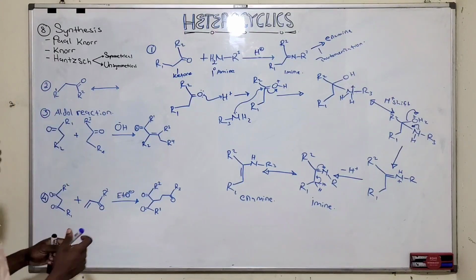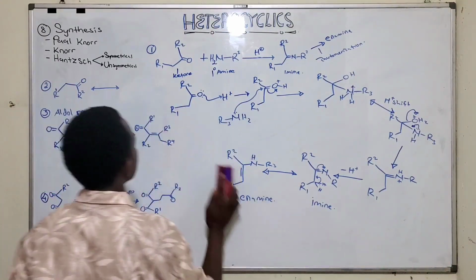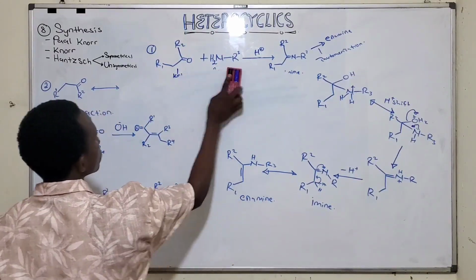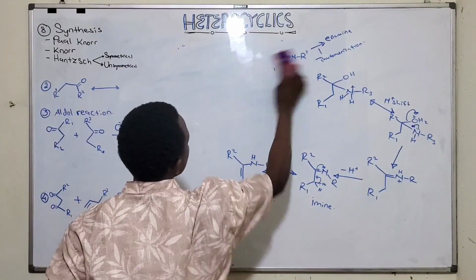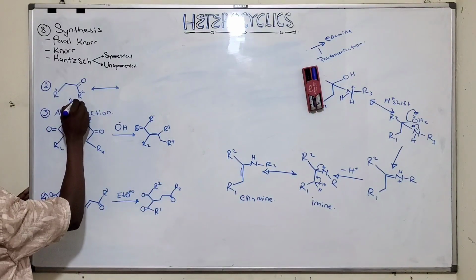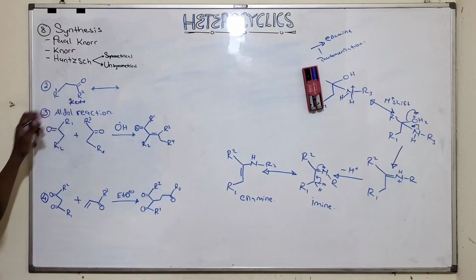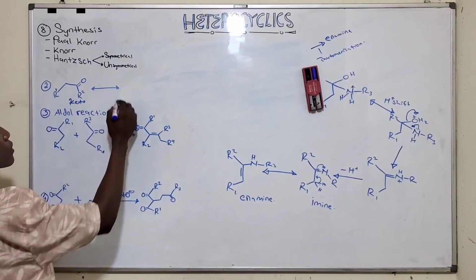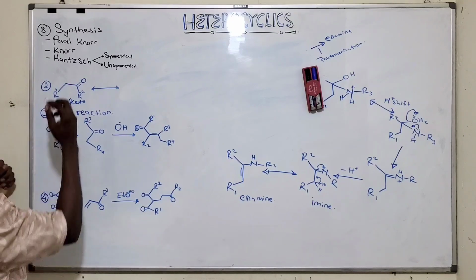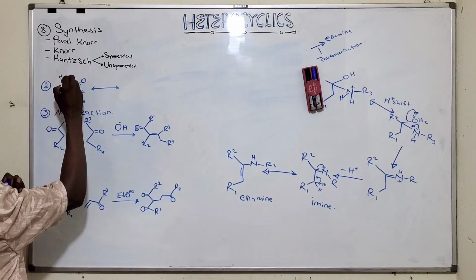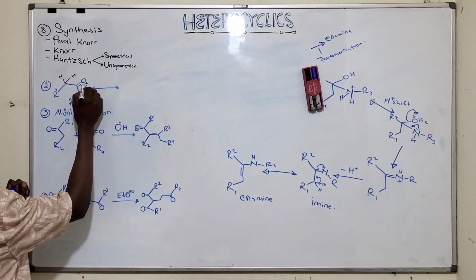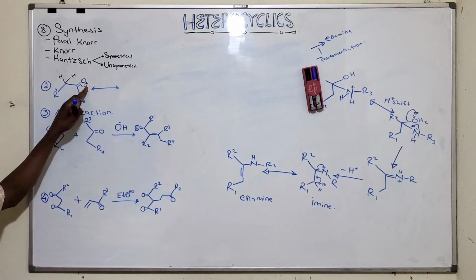That's one. We have this. This is a keto. If you have a keto, this keto can tautomerize. Remember, we have a hydrogen here. We have 2 of them, hydrogen here and here. So this one, oxygen will pull electrons towards itself.